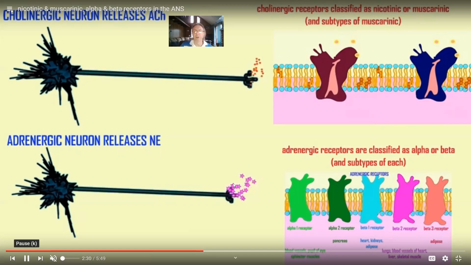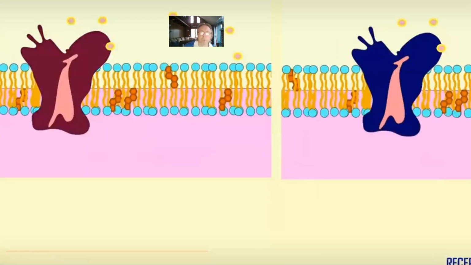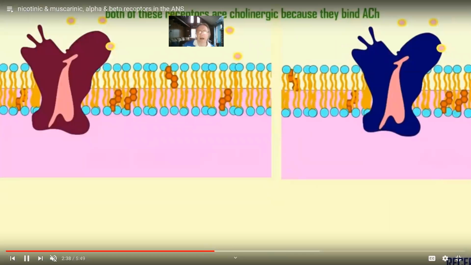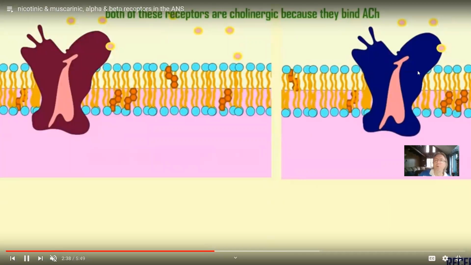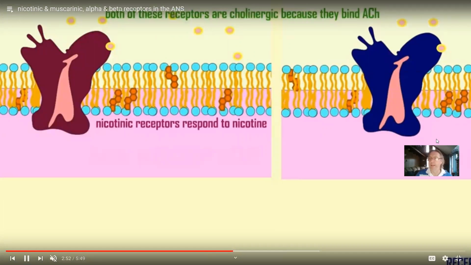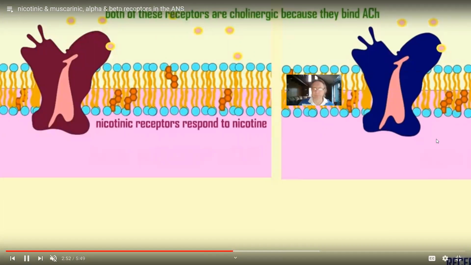And so when you ask, what is the effect of acetylcholine? What is the effect of norepinephrine? Well, it depends on what receptors the effector cell is making. Both of these receptors are called cholinergic receptors because they're responding to acetylcholine, but they're distinct. There's a difference between the nicotinic receptors and the muscarinic receptors.